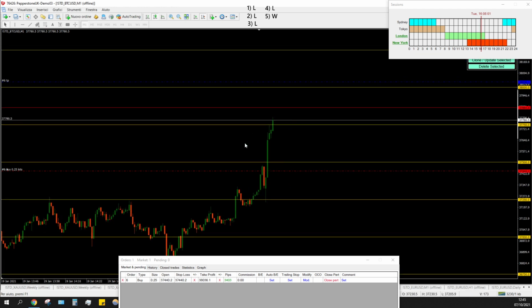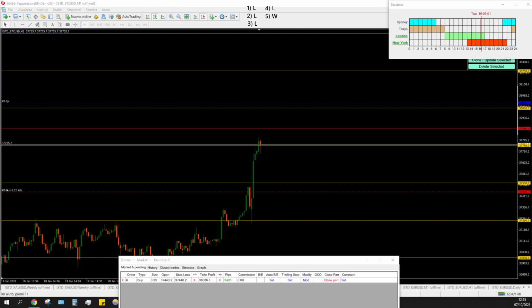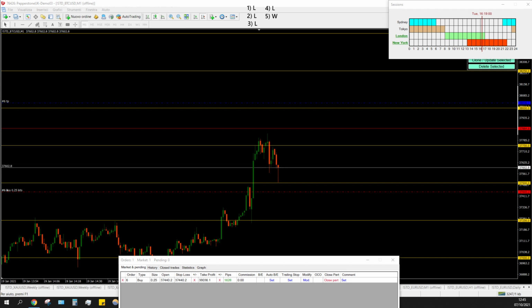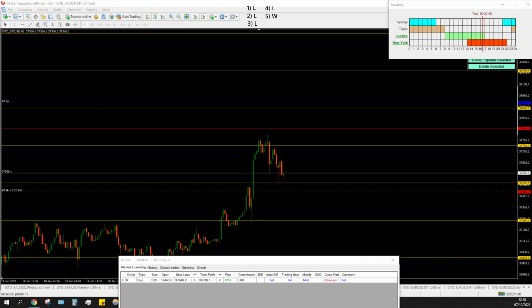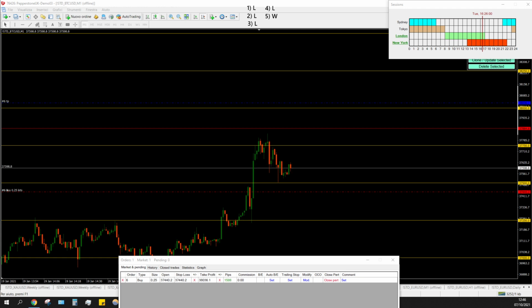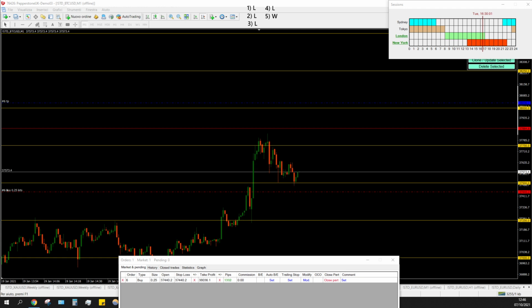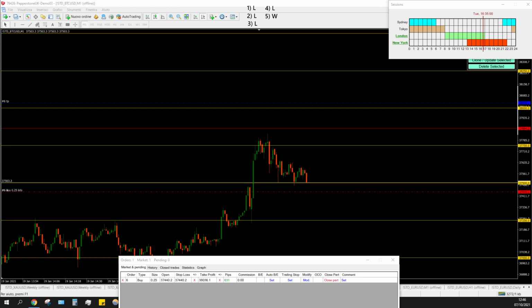Looks like they're causing some reaction. Let's see. Yeah, there's some reaction here. Still not breaking below the PPL. The bearish pressure is very strong. I would need a nicer, much nicer bounce from this PPL now, showing strength.